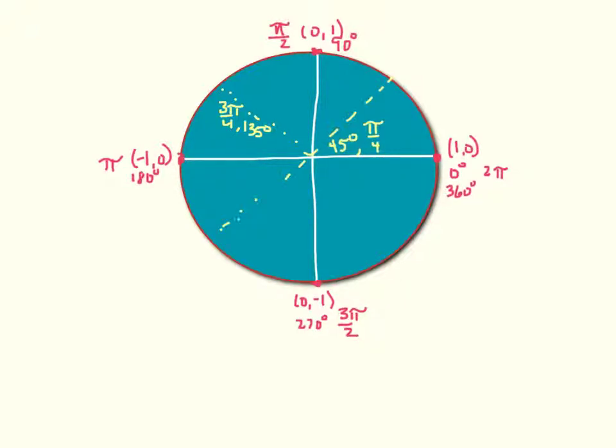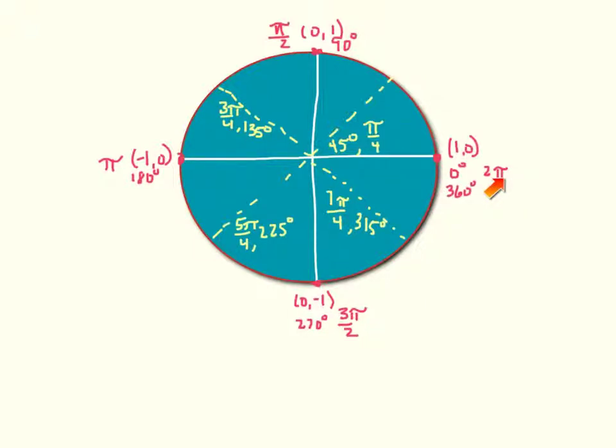So down here we're at 5 pi over 4, or 225 degrees. 6 pi over 4 is 3 pi over 2. There's 7 pi over 4, which is 315 degrees, just adding 45. And you add 45 to 315, you're back at 360. Or add pi over 4 to 7 pi over 4, you're at 8 pi over 4, which is 2 pi.